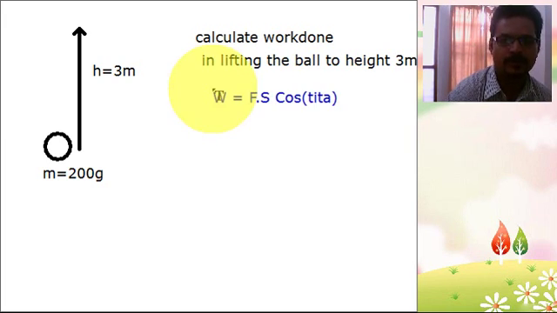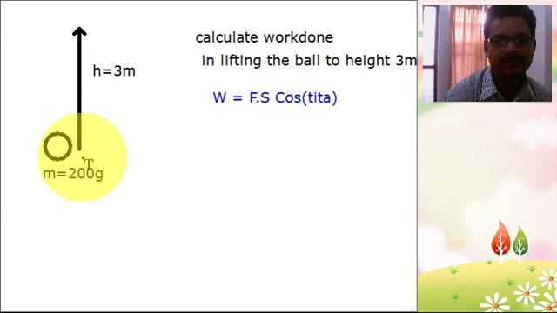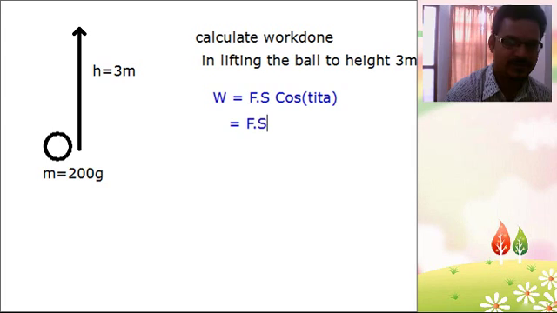But you need to see what the angle is here. If you observe carefully, the force is applied to move up, and the body is also moving in the same direction. That means force and displacement are in the same direction, hence the angle is 0. When the angle is 0, as I told earlier, the work done is W equals F into S.